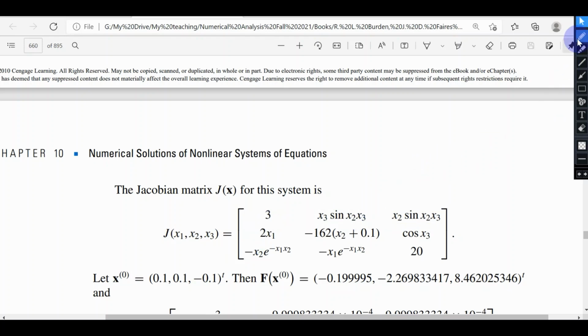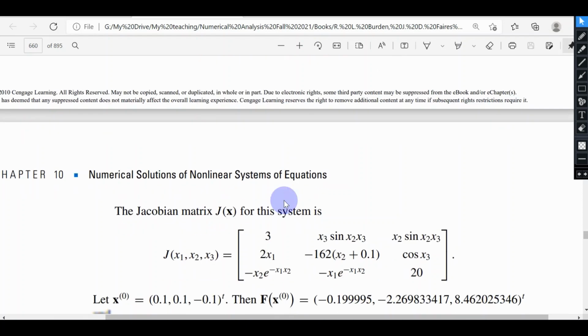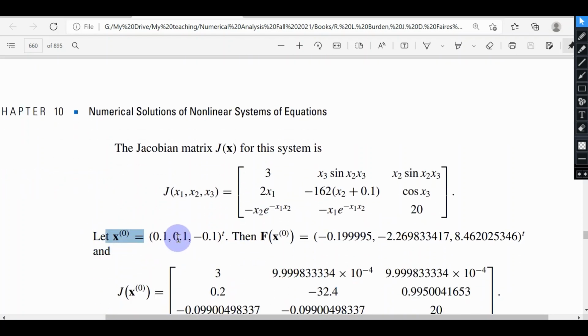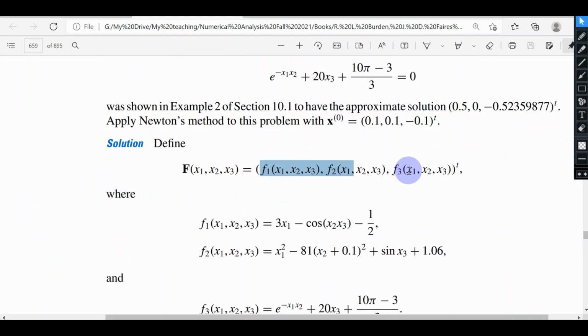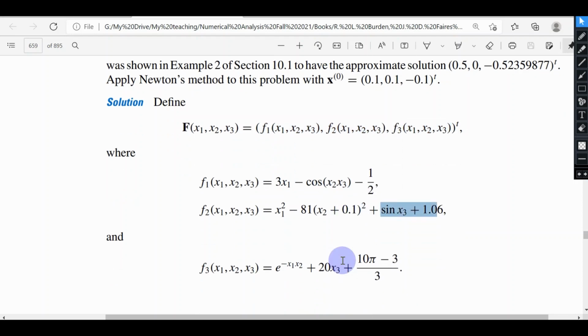Now to start the first iteration, I have to gather my basic ingredients, which is going to be my bigger function at this x naught initial guess. So my bigger capital F is something like this. So I have to compute all the F1, F2 and F3 at initial guess vector.